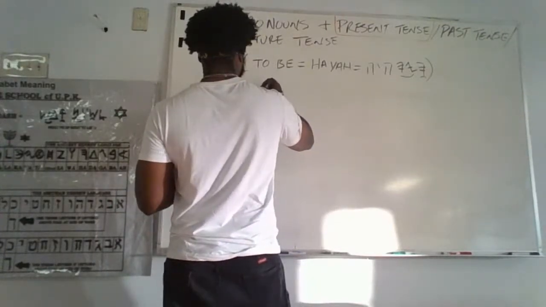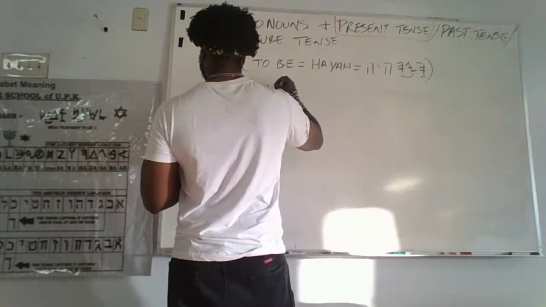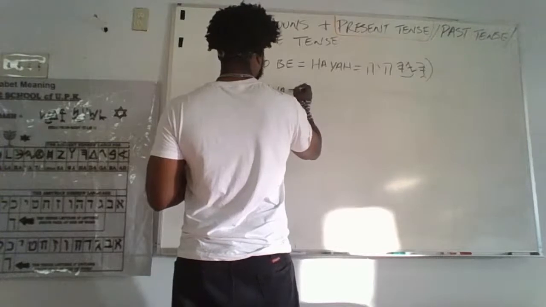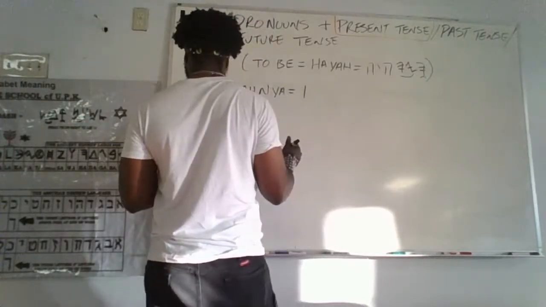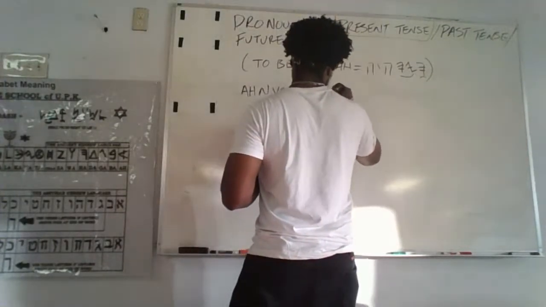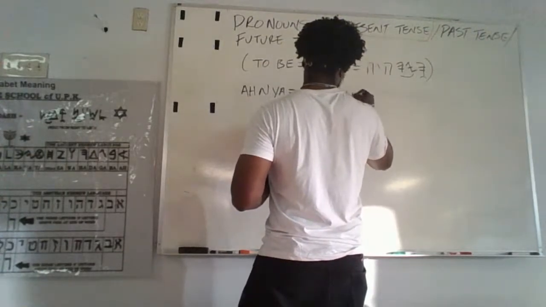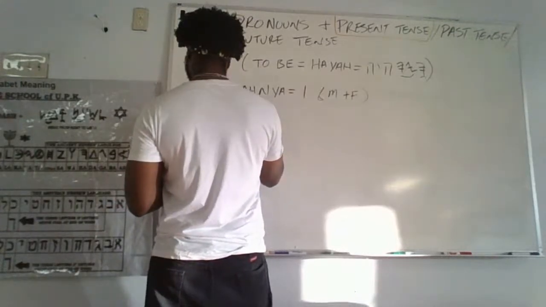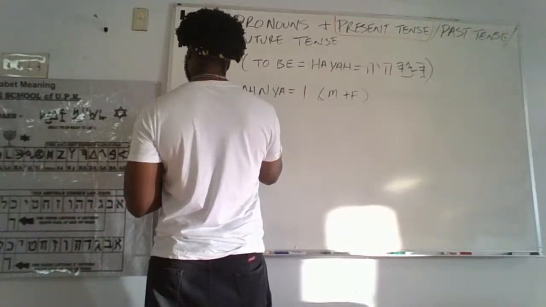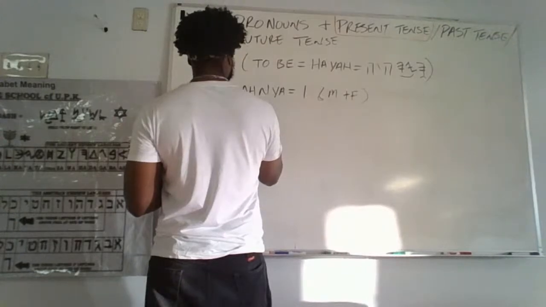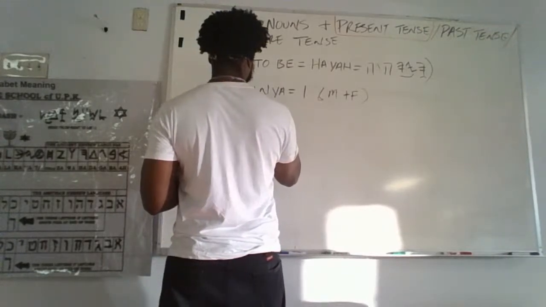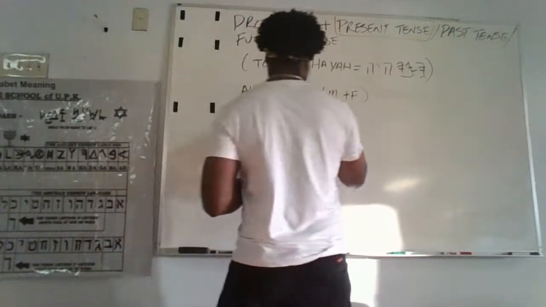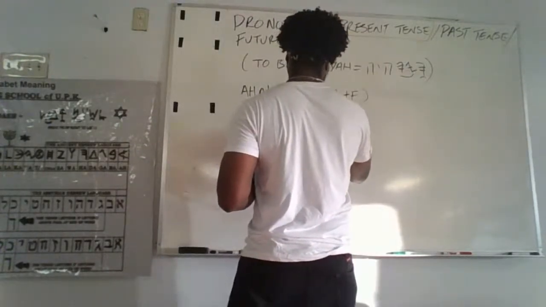So you got Anya, which equals I, whether masculine or feminine, right? And you have Shamar. All right. Now there's a rule. Shamar means to watch.